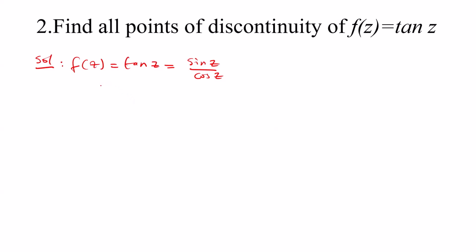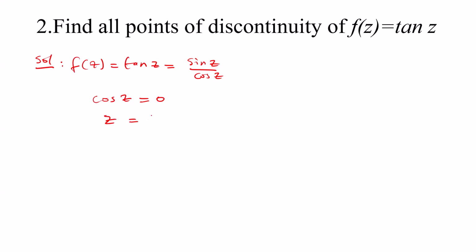Typically, we have to show that f(z) is undefined, and to show that f(z) is undefined, we can simply equate cos z to be equal to 0.